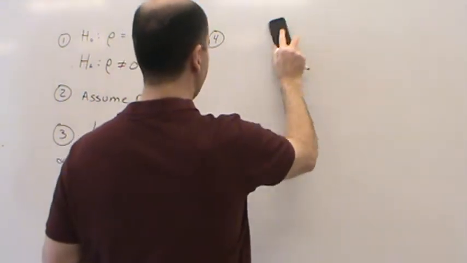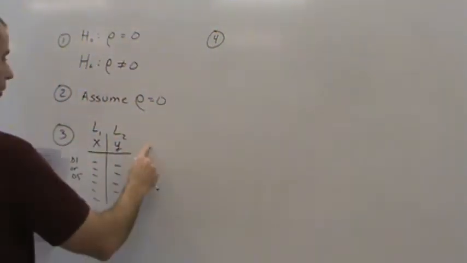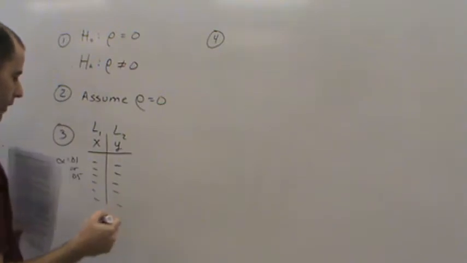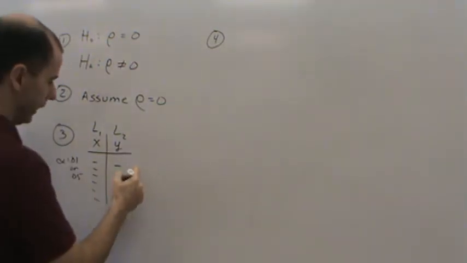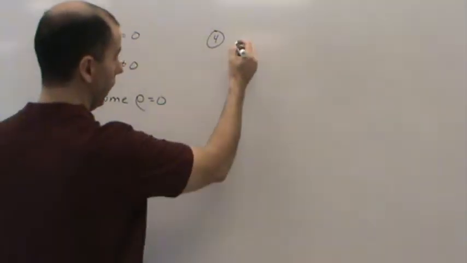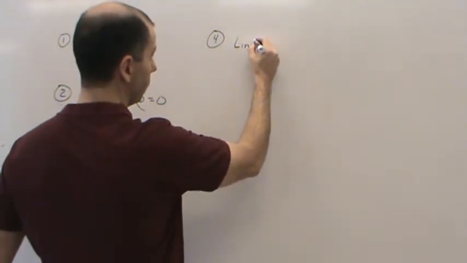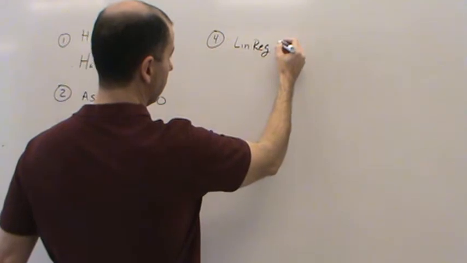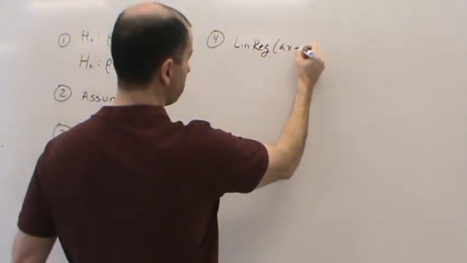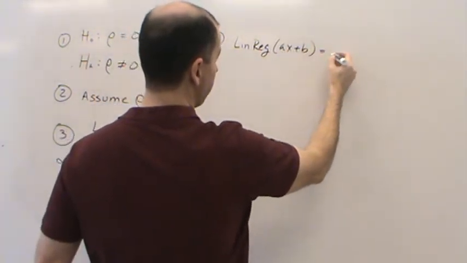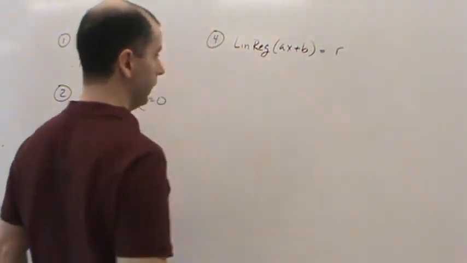The other way is to take our r value, which we can get by doing LinReg(ax+b) on the calculator.